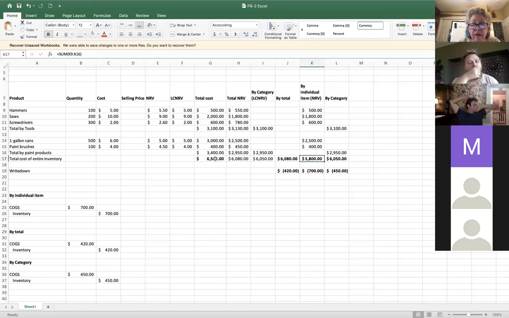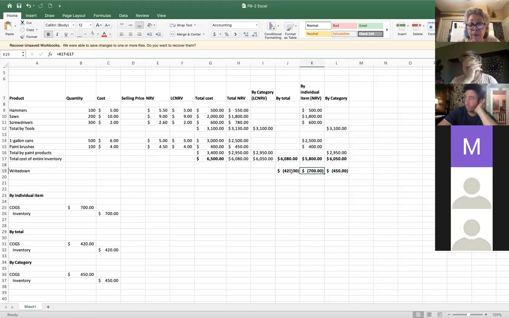When I compare it to my cost by individual item, we see that we have a $700 write-down.